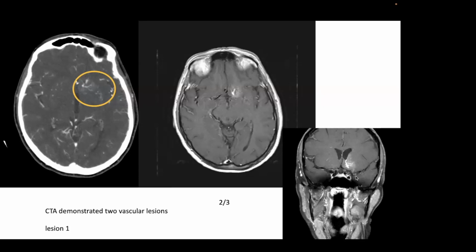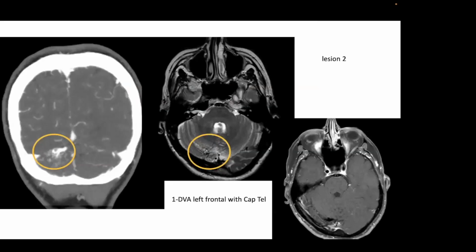Now let's look at this second lesion. Remember, this is the same patient that had the cerebellar hemorrhage. Lesion number 1 was a DVA. Now look at this lesion. Again, branching vessels, single draining vein, but what's unusual about this scan?